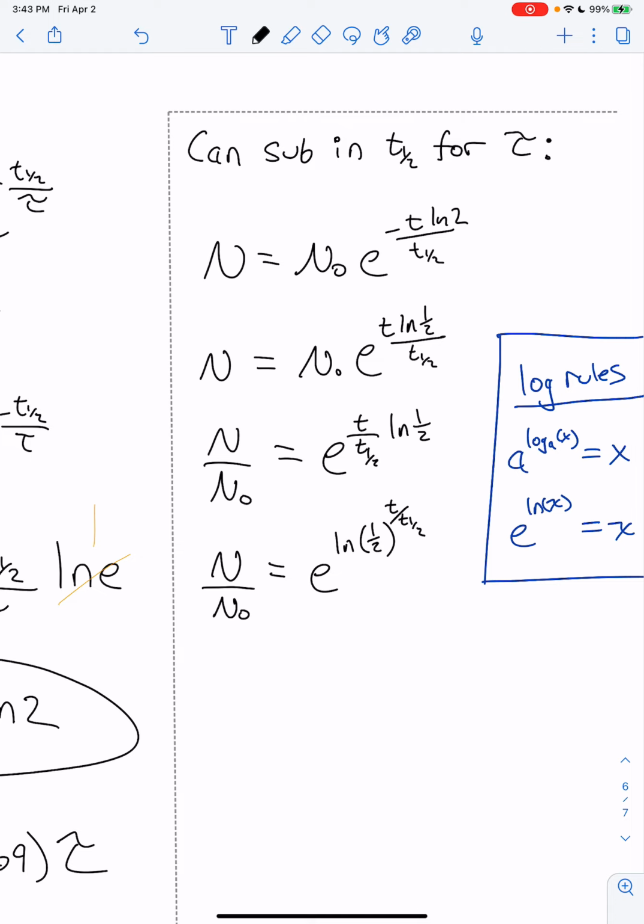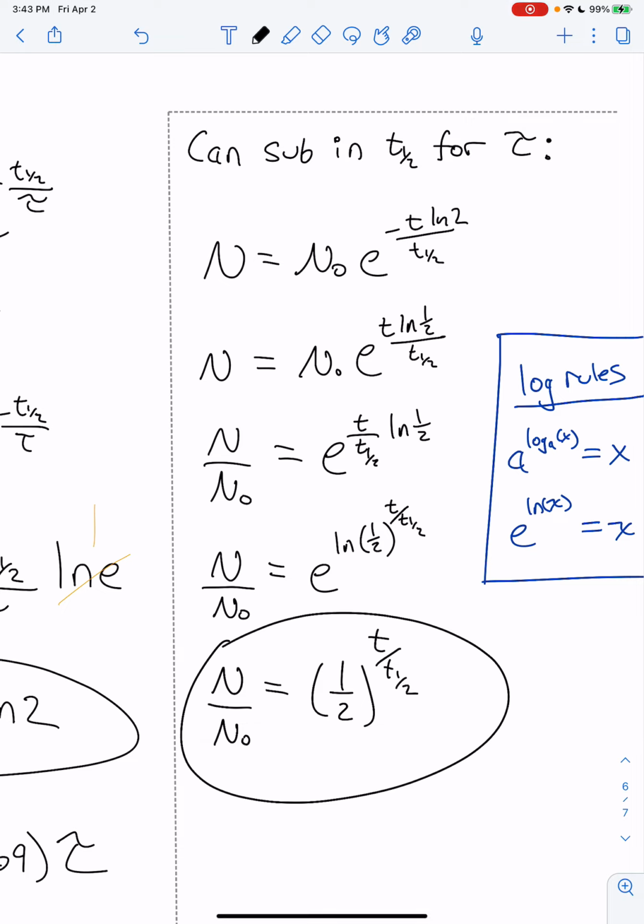So what we have now is the ability to rewrite this e to the ln. Well, these are effectively canceling each other. So now we have N over N naught is equal to 1/2 to the t over t1/2. And there we go.